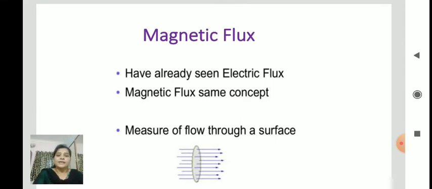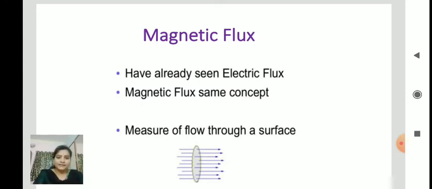If S is the area of the surface, we expressed the electric flux as E into S, the electric field intensity into the area of the surface. The same is the concept of magnetic flux.